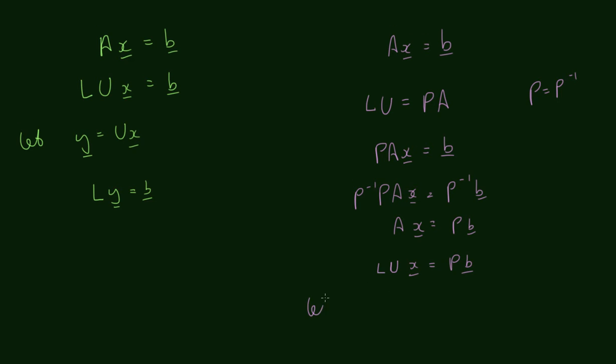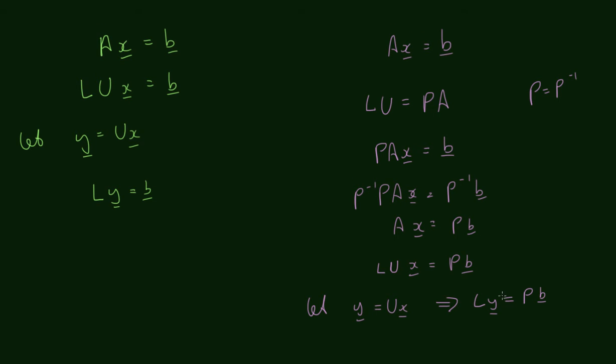So we let our vector y equal Ux. Therefore, we're solving Ly equals Pb, and then we're solving Ux equals y.